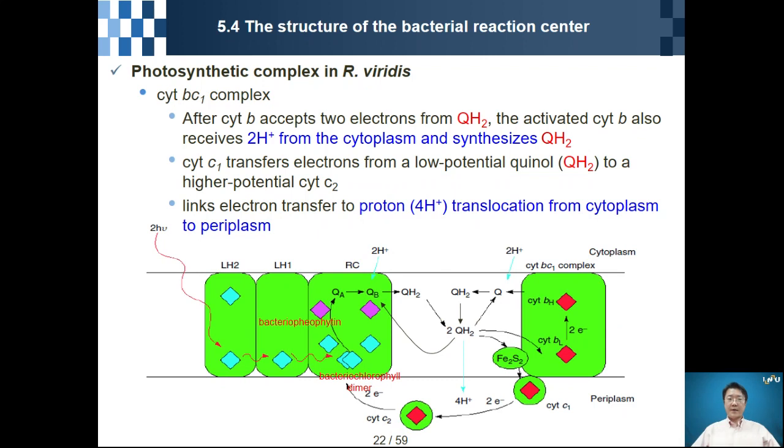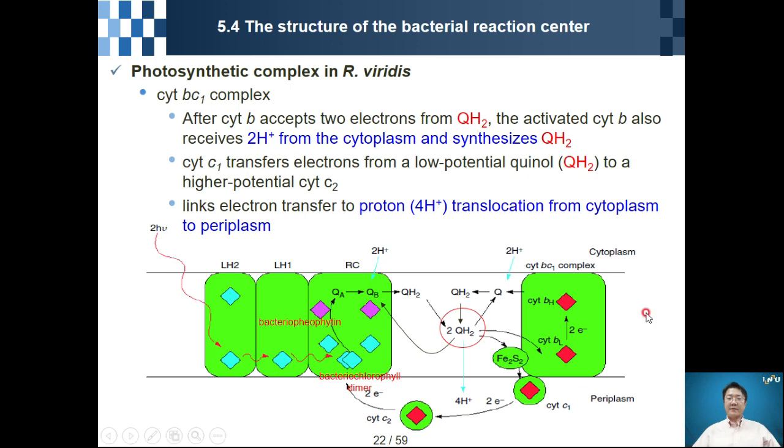In this slide, I will briefly explain the cytochrome bc1 complex. The cytochrome bc1 complex is composed of cytochrome b and cytochrome c1. Let me start with cytochrome b. Cytochrome b accepts two electrons from QH2.